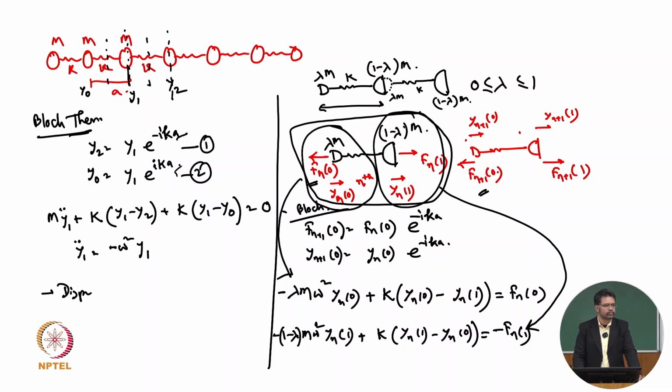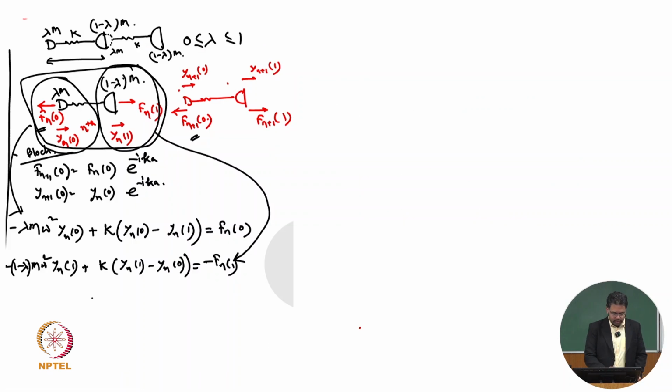Agreed, all of you? Good. Okay, so you can see now that from this part we are able to write that, and we have also written the two Bloch theorems here. Up to this, all of you are okay with me?